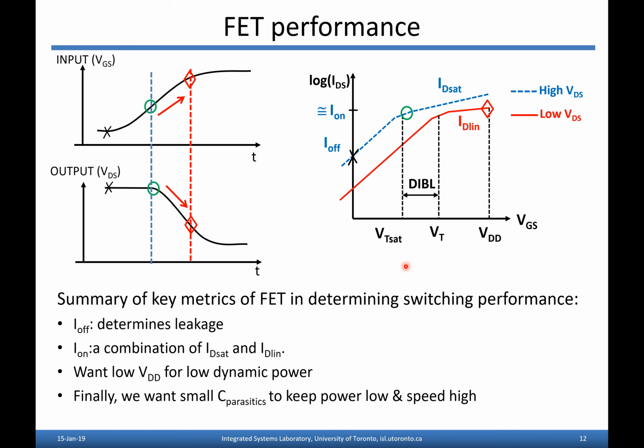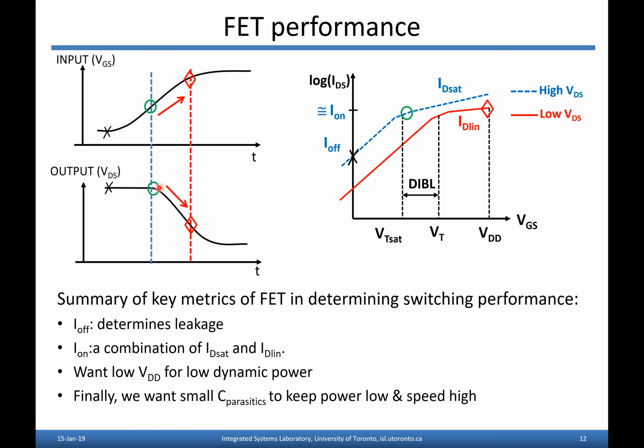So VT sat is what we're going to use to refer to the threshold voltage when the transistor has a very high VDS. And that's what you see actually when the transistor's off, right? When the transistor's off, you've got a huge VDS on it. So the leakage current you see is shifted up a lot because of the DIBL effect. Effectively, you've got a lower threshold voltage when it counts, when VDS is there, right?